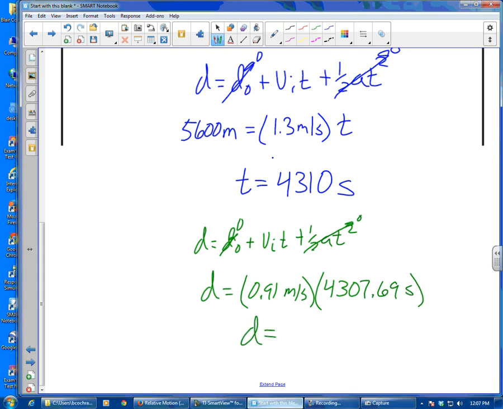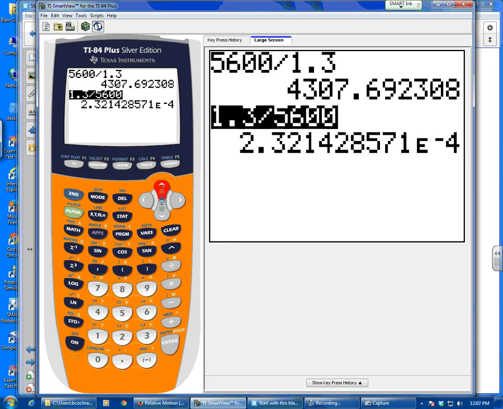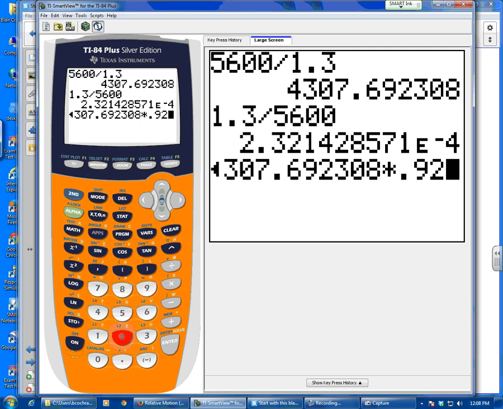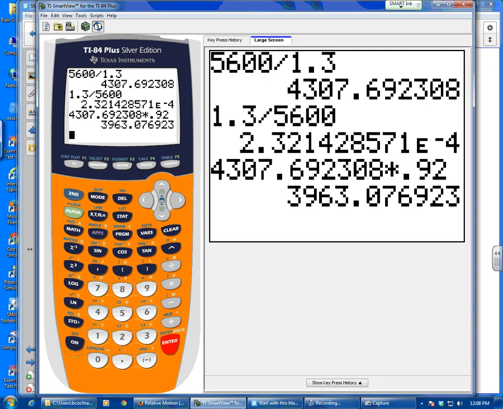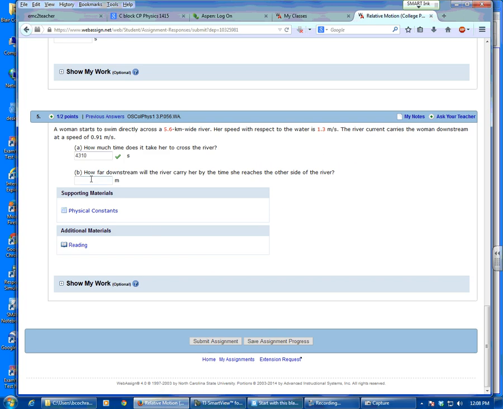I get a D of, enter, times 0.92, and I get 3,963, which to 3 sig figs would be 3,960 meters. Let's hope that's right. Yay!